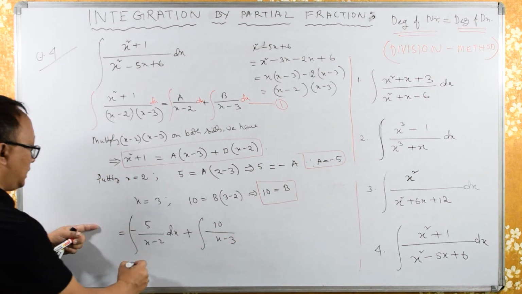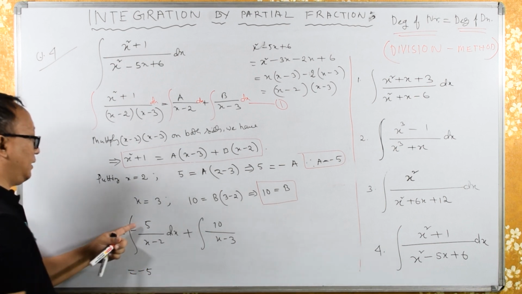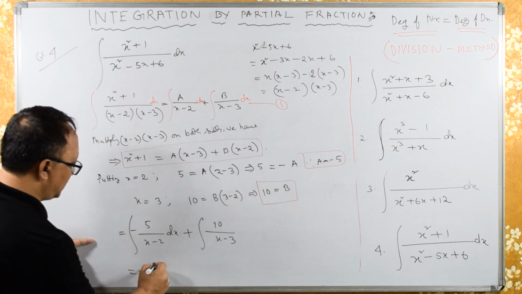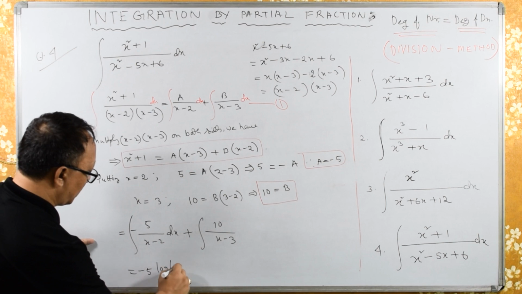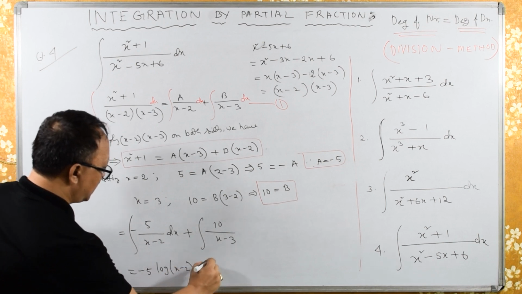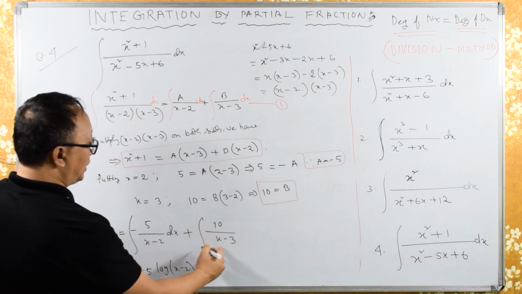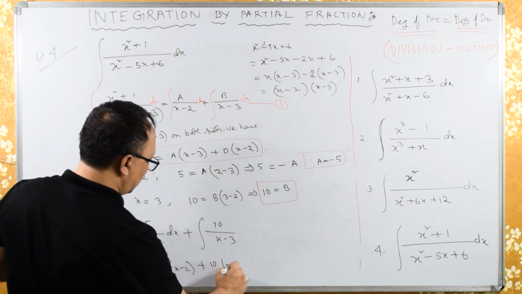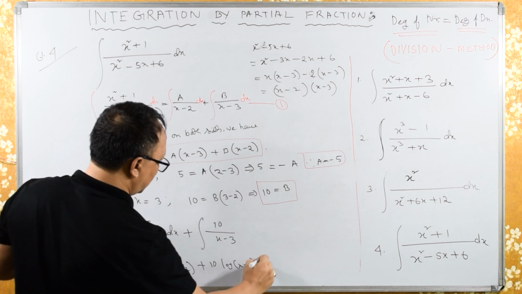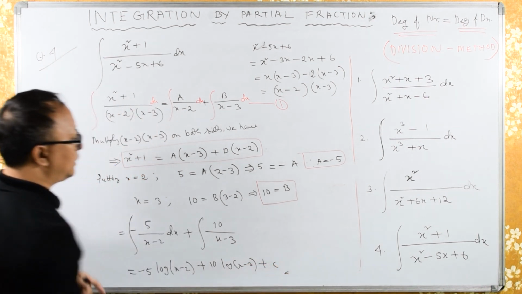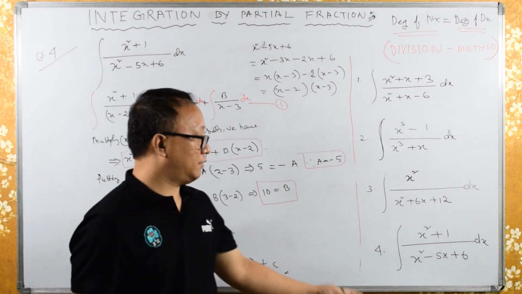Now minus 5 I can send outside, and the integration of this is log of x minus 2, plus 10 outside, since this is constant, integral of 1 upon x minus 3 is log of x minus 3 plus c. Okay, this is the required answer for question number 4.